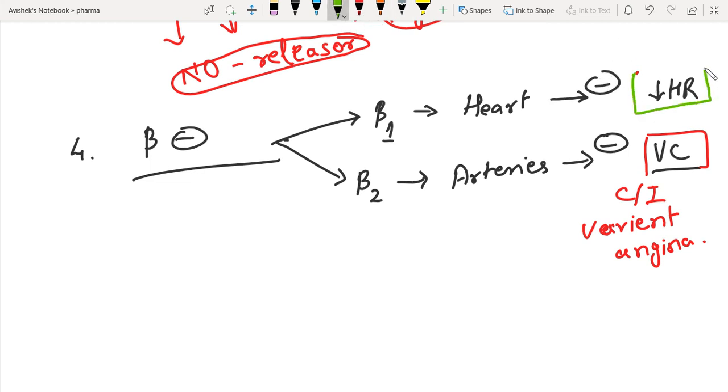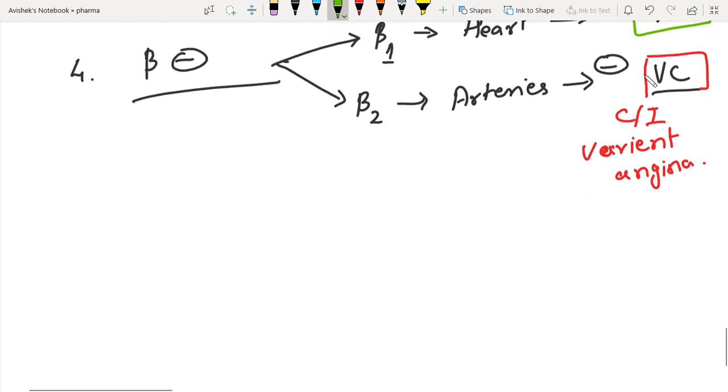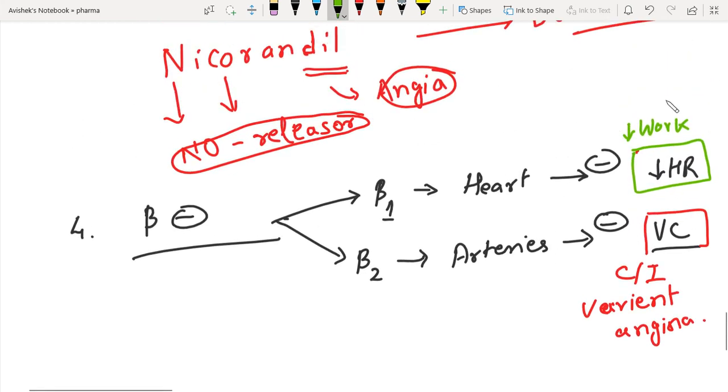This one will reduce work. So this can be used in classical angina, where there is a clot in the coronary artery.